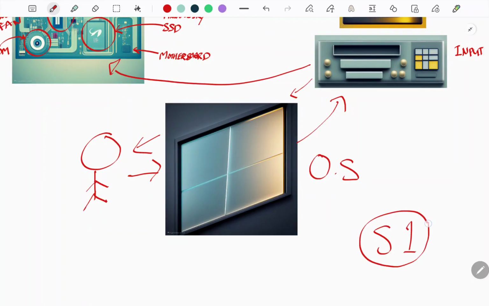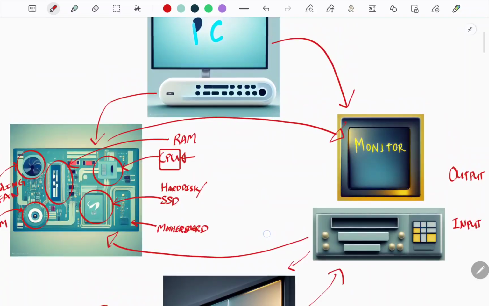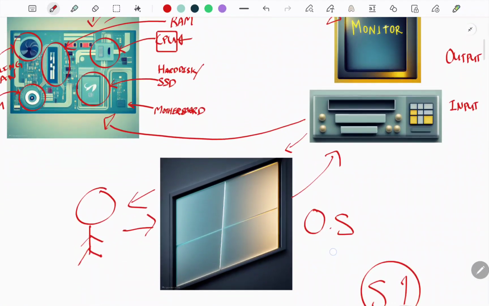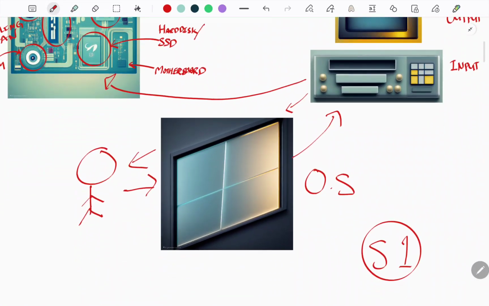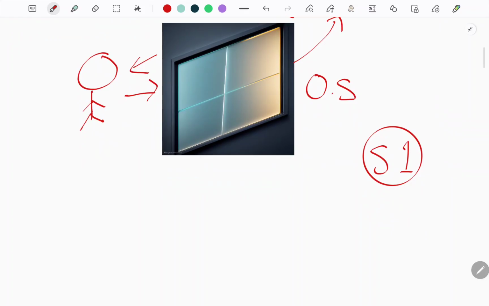Now what happened over here is we have done understanding the hardware, we have done understanding the OS role, we have done understanding all of this. So we are moving into the next section, which is about the software now, right?